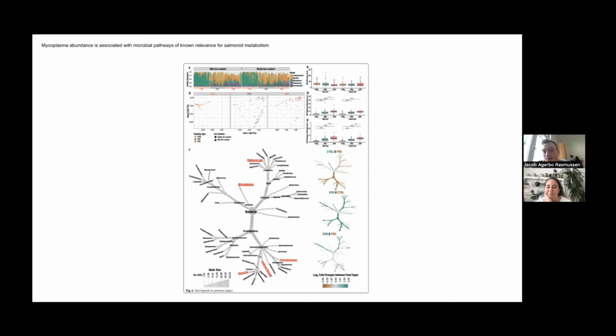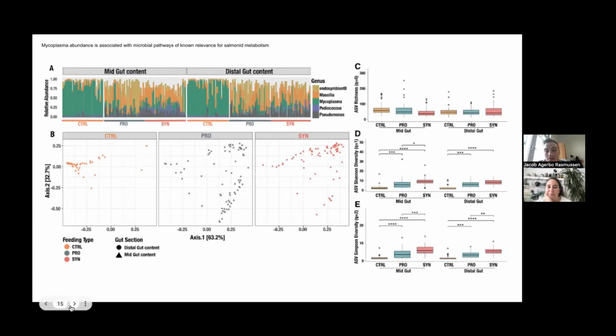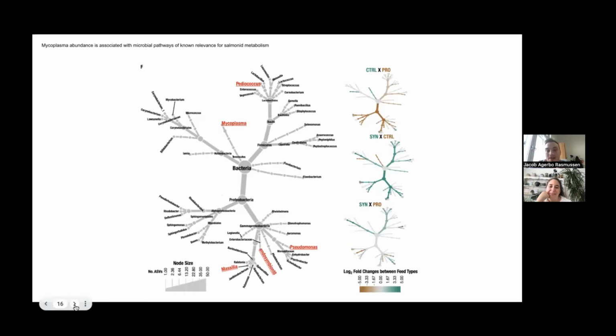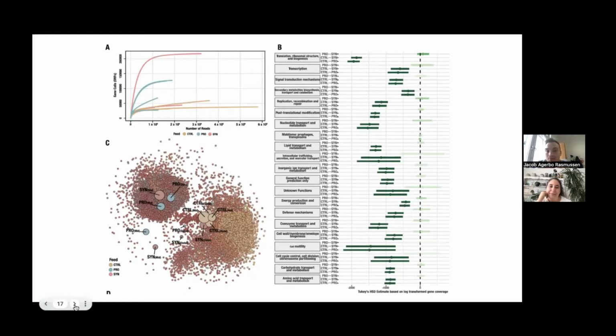But what we first did in this case, we investigated just the presence of bacteria. And then secondly, we made an investigation of which bacterial functions are present in the gut.